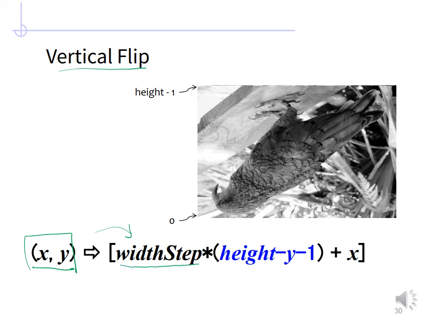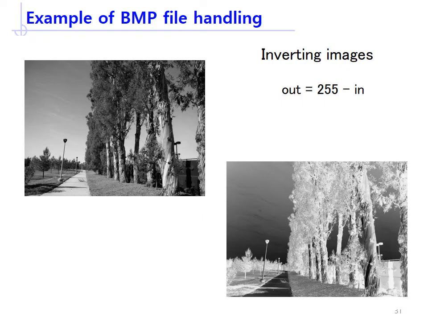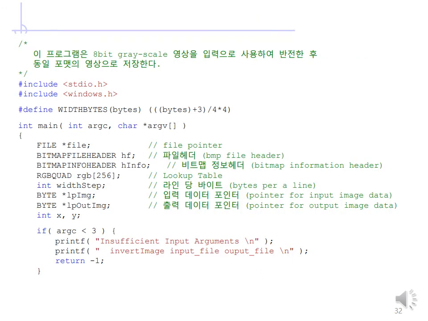They use the width step, and instead of y, they use height minus y in order to flip the image. This is example code for the flipped image.